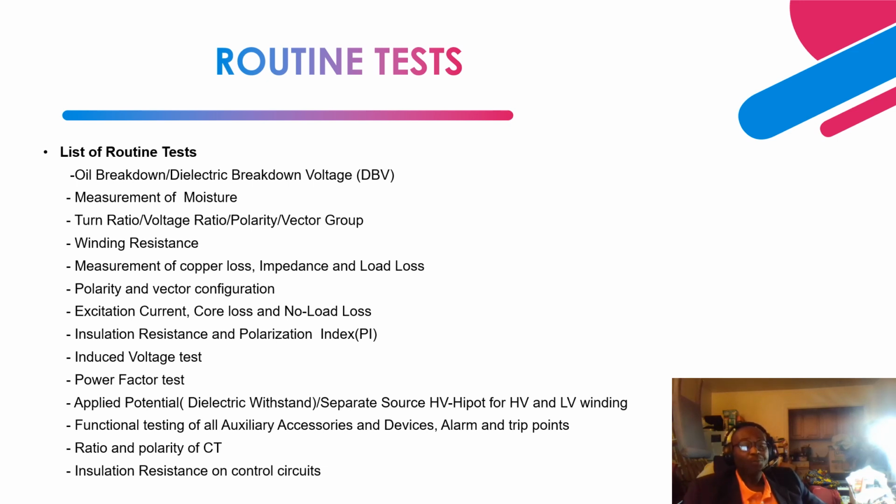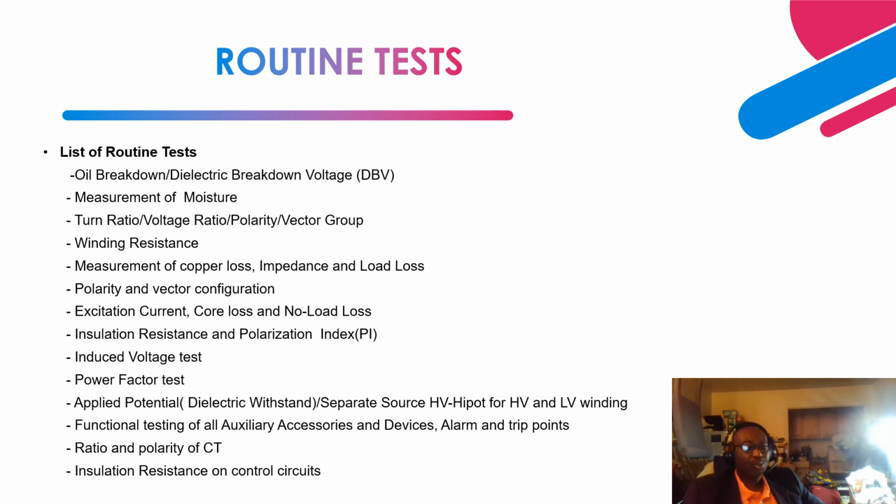The criteria differ from the breakdown voltage ones. The moisture level has to be below 22 ppm for 69 kV and below, about 26 ppm between 69 kV and 280 kV, and about 32 ppm above 280 kV. It has to be below that.